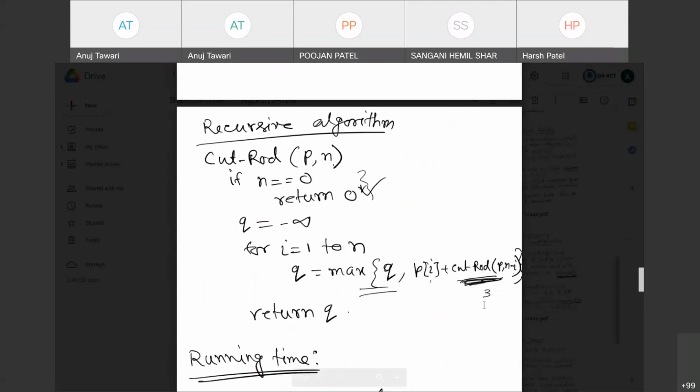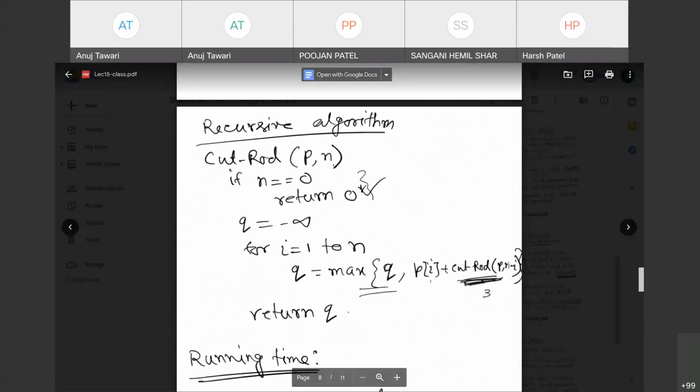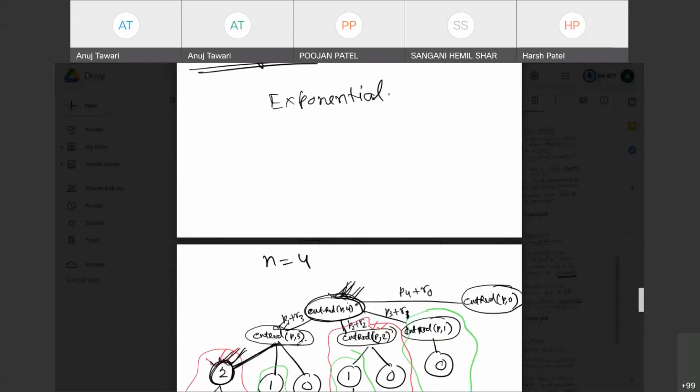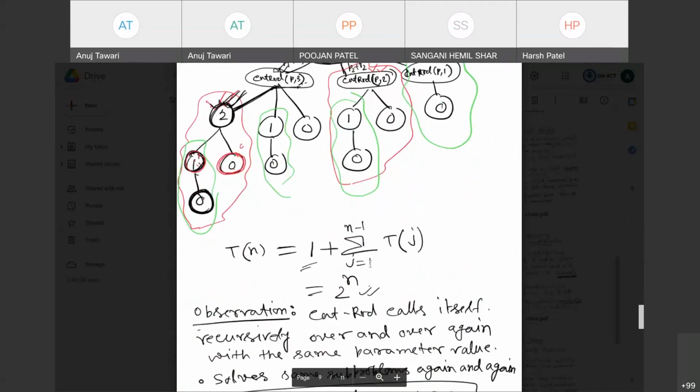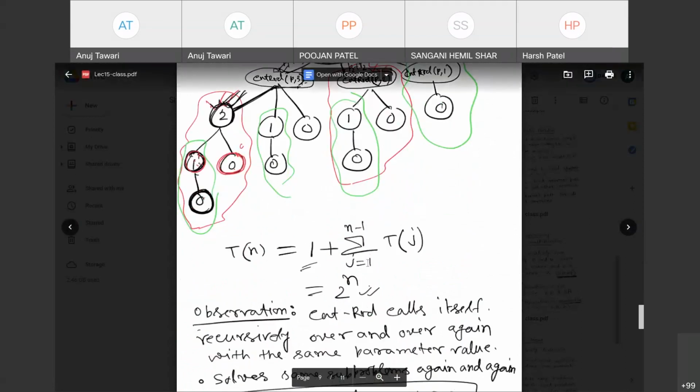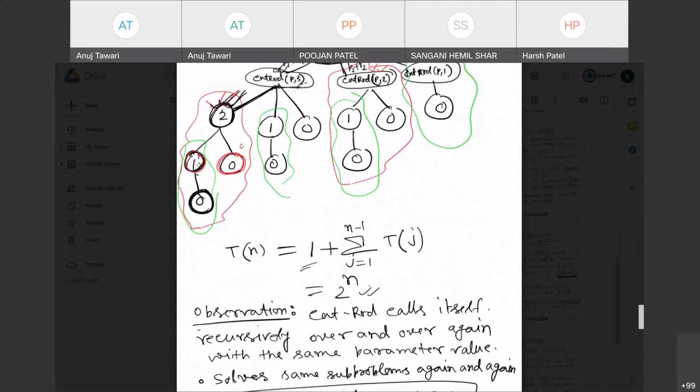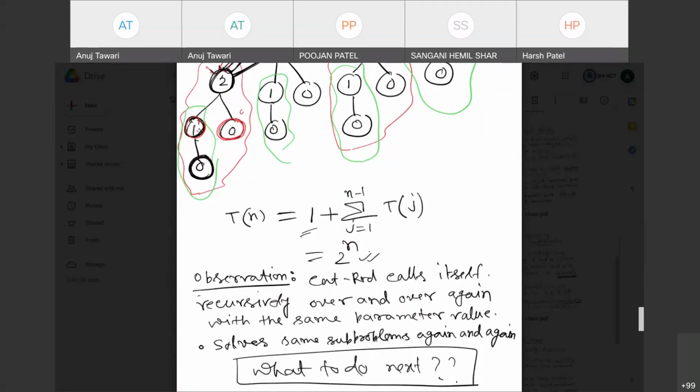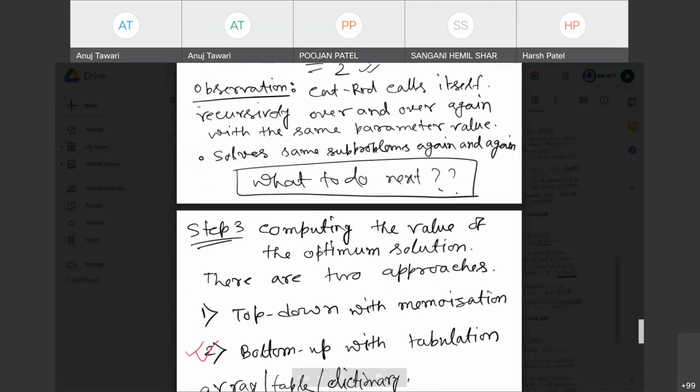This part takes constant time, but there is this T(n minus i), and you want to sum up from i equals 1 to n. So 1 plus summation of T(j), where j goes from 1 to n minus 1. If you solve this recurrence, you'll get 2 raised to n.